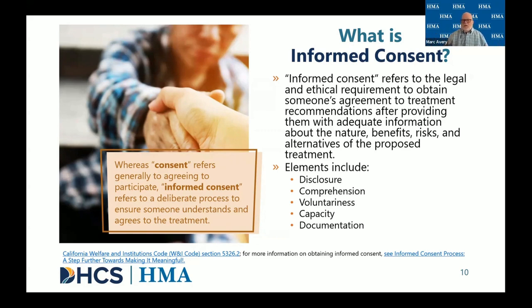So we go through all of this to ensure that that person can make knowledgeable decisions about their healthcare, and they're not making decisions in error because they didn't have the right elements to make that decision. And so what are those elements? They're listed here in the slide, and there's more details in the notes if you'd like to read them later. But first, we have to disclose all those elements that I had mentioned: the nature, benefits, risks, and alternatives. We have to check to ensure that the person understood that information.